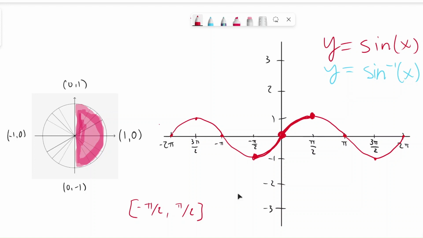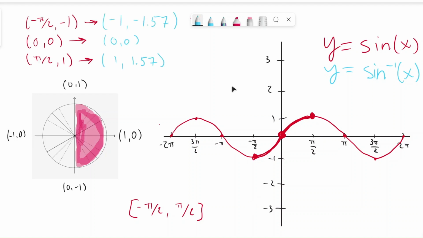Now I keep saying inverse, but what does inverse really mean? Well, inverse basically means that whatever points there are on our restricted domain, we're just going to switch the x and y values of them. And with that, you'll see on the upper left part of the screen that I've written down the coordinates of these three values right here, and I flipped their x and y values to show the inverses.